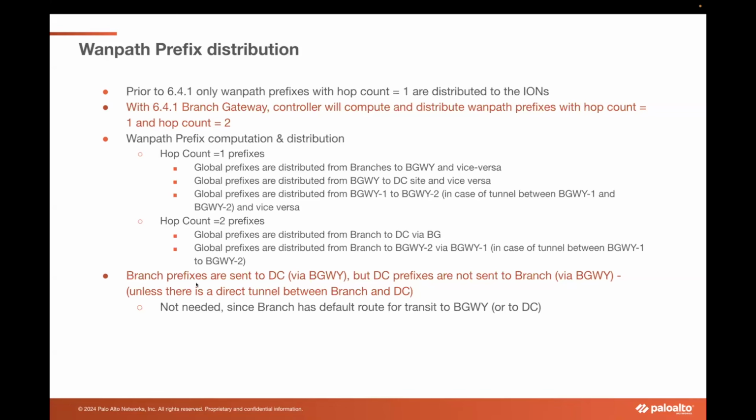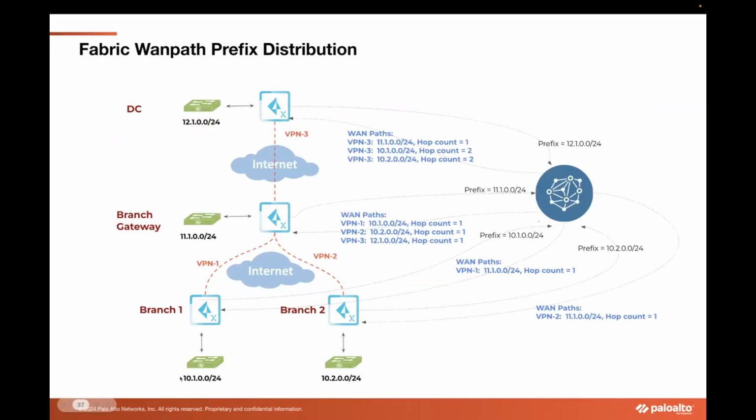A key thing to remember here is that the prefix 10.1 that's learned from the branch, the controller will distribute to the branch gateway and to the data center. Now, whatever prefix is learned at the branch gateway, this 11.100, is sent by the controller to both the DC and to the branches. Now, let's say the DC itself has a prefix 12.100.